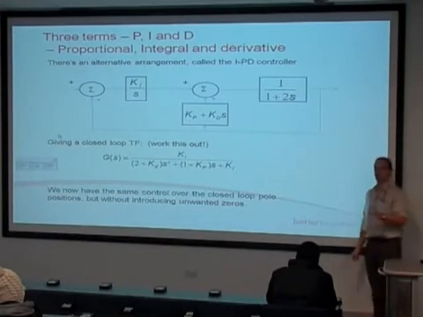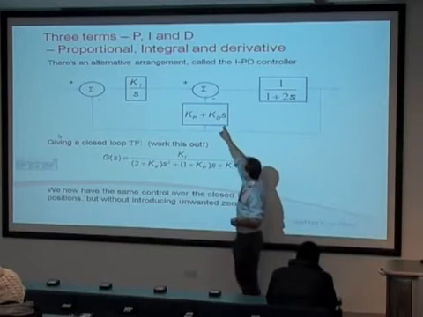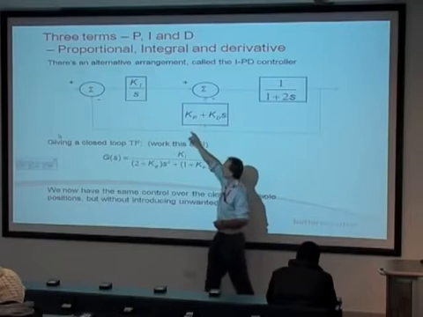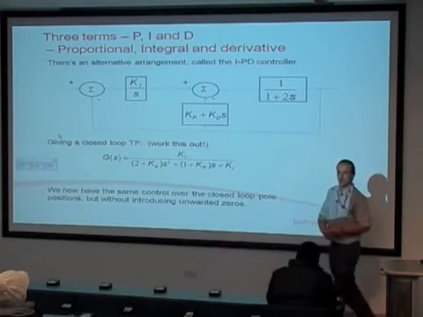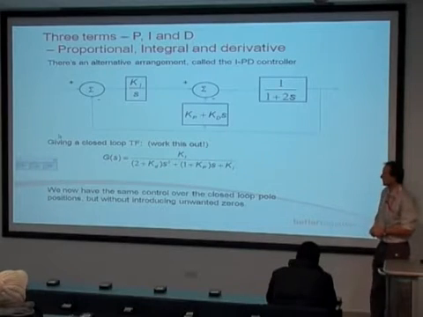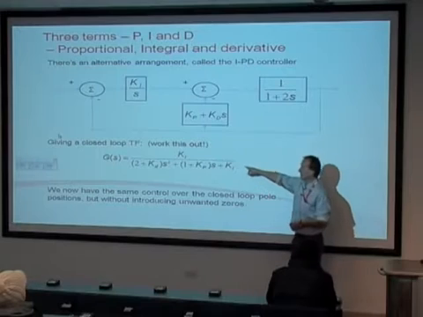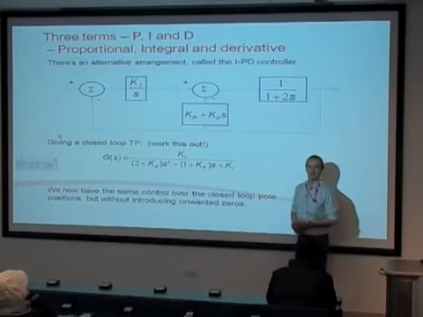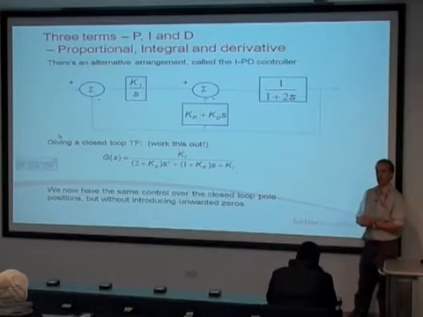If I configure my three-term controller slightly differently, and put Kp and Kd down here, and Ki up there, if you go through the block diagram algebra one more time, which you can use for practice, it comes out like this. Okay? If you don't believe me, try it out. Okay?